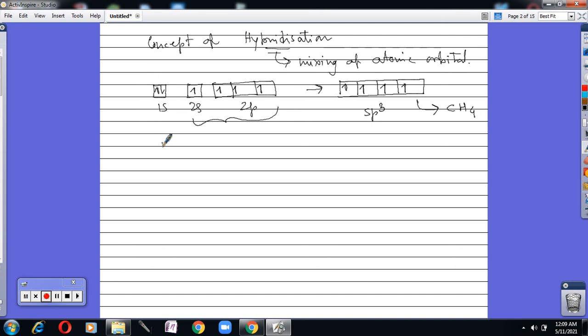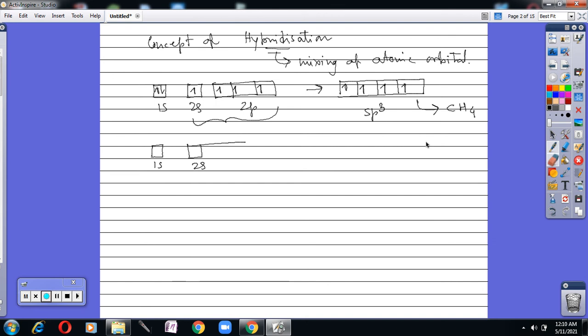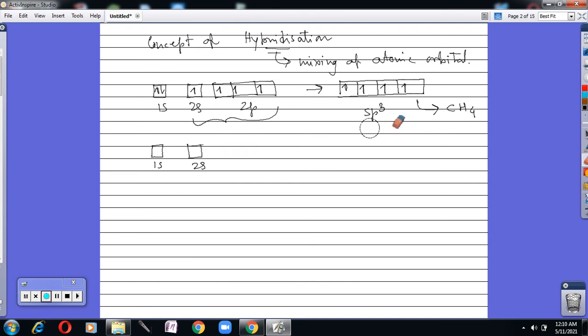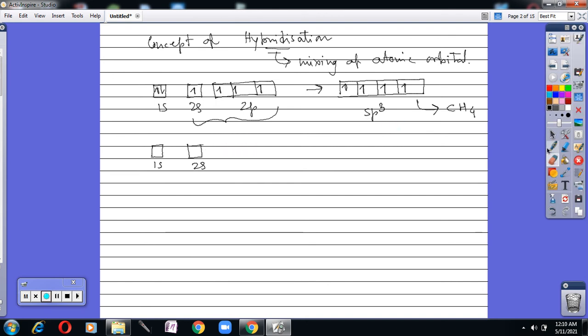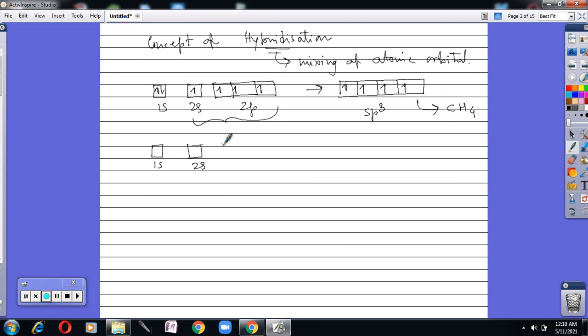Now, in a second option, here is a possibility of mixing of two atomic orbitals. One is 2s mixed with 2p, just like this one, and 2pz remains intact.